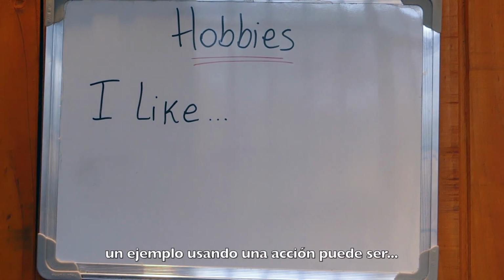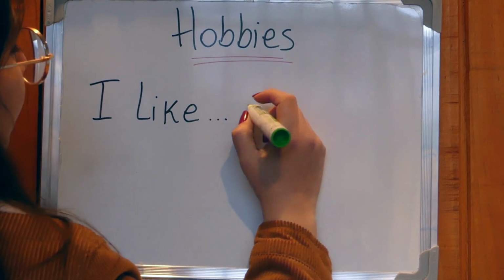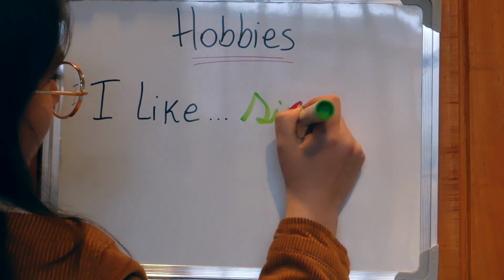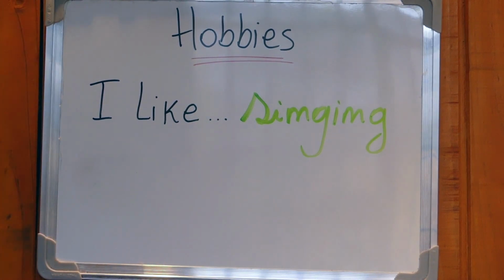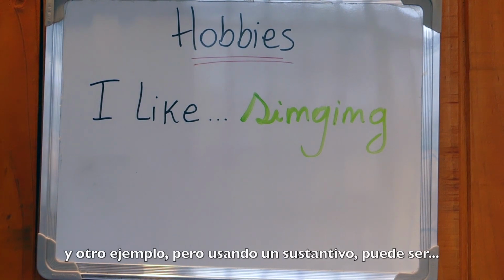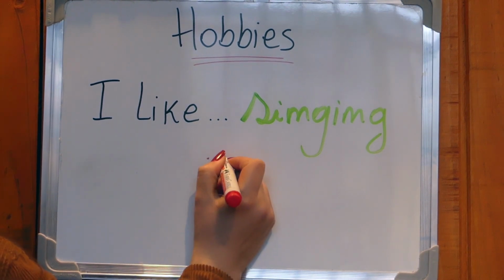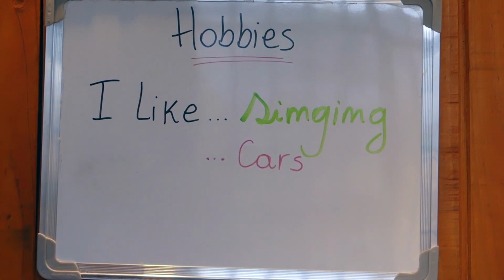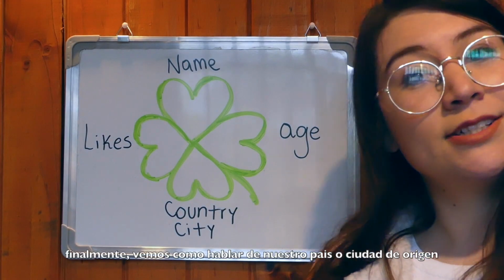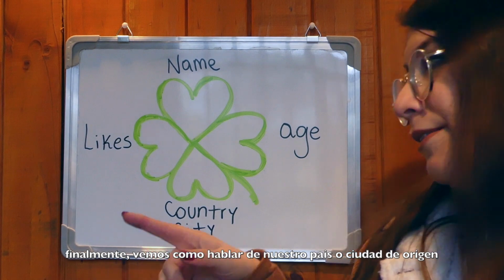An example of saying I like with an action verb is: I like singing. And another example, but this time using a noun, it could be: I like cars.